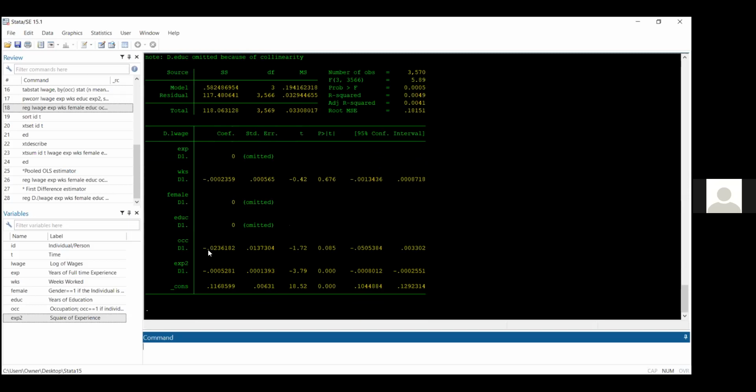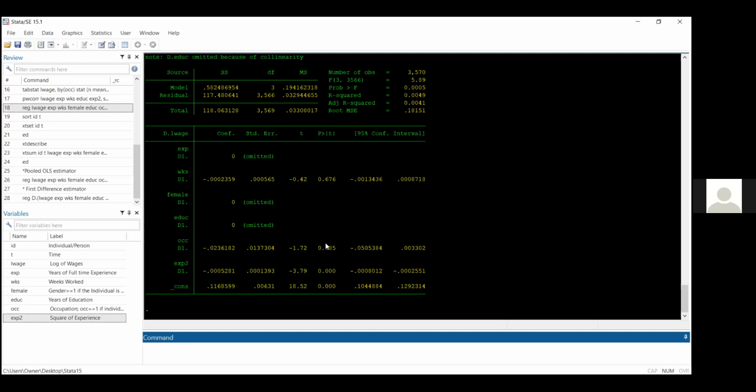The same explanation would apply here, but we will have to say, because it is a dummy variable, relative to individuals in non-blue collar occupations, a period change for individuals employed in blue collar jobs is associated with a 0.02 percentage reduction in wages.